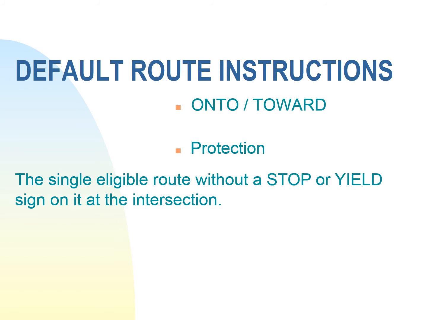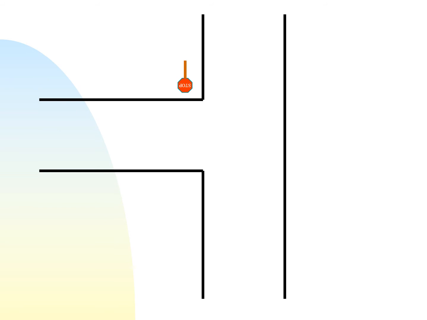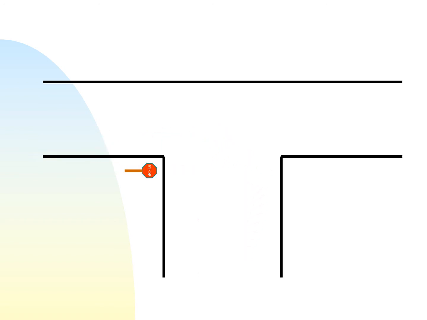So some examples. At this intersection, again, we're approaching from the base. We get up here and we say, is there a single route leaving the intersection without a stop or yield sign on it? And there is, so we would proceed to the left. We come up again from the base. We say, is there a single route leaving the intersection without a stop or yield sign on it?